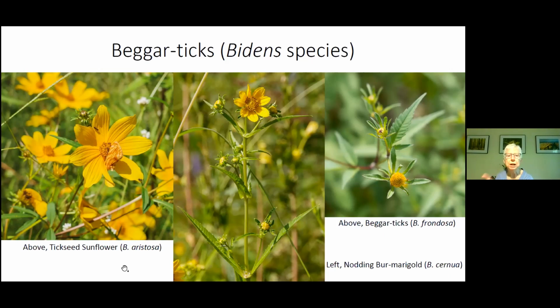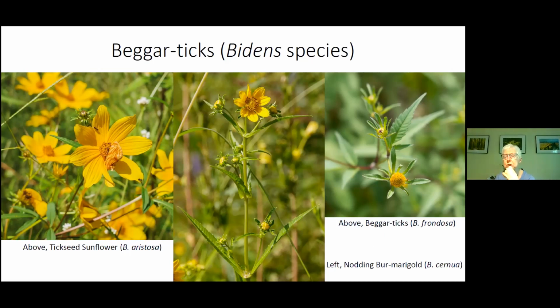I should also mention, with the sunflowers, the receptacle on which the disc flowers rest is fairly flat, which is also the case with the Bidens, the beggar-ticks. The nodding burr marigold has opposite leaves, and they're toothed, and relatively small flowers. Really inconspicuous plant, and one that can tolerate shady places, is called beggar-ticks, Bidens frondosa, which has disc flowers only.